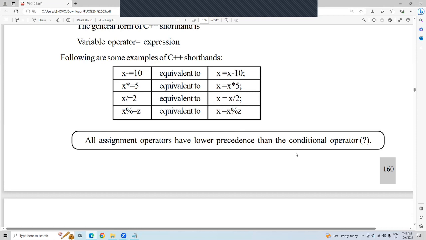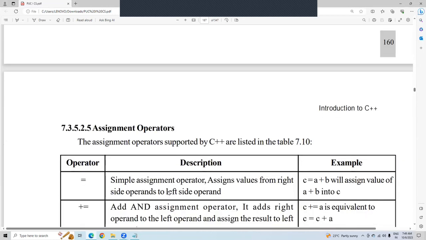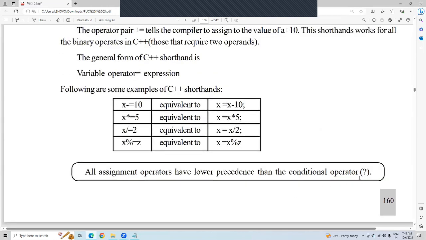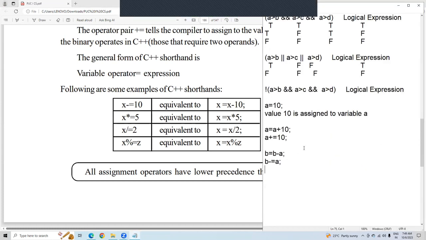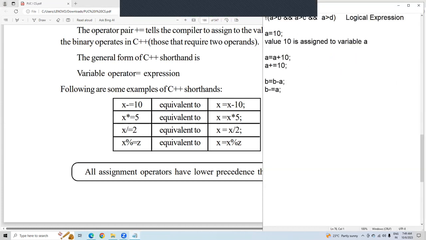All assignment operators have lower precedence than the conditional operator. So here, the precedence, in the sense, like in mathematics, how you use the BODMAS rule to evaluate the equation so that everyone should get the same result.